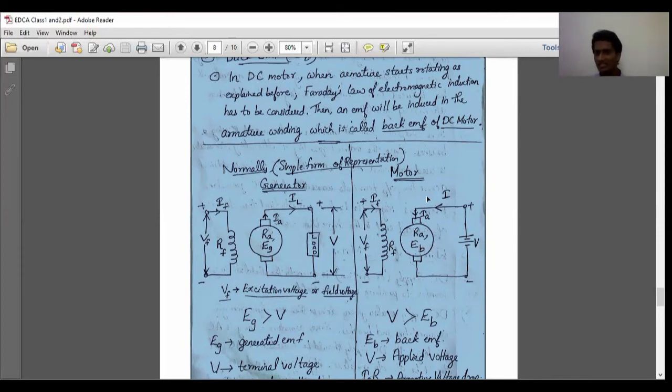So the current direction is IA towards the armature. So current is flowing through RA. Then there will be a voltage drop called the IARA drop. Then V minus IARA minus, here there is a brush drop, will be equal to EB, which will be discussed in detail in later sessions. So one thing you have to understand is that terminal voltage in case of a motor will be larger than back EMF. Clear?